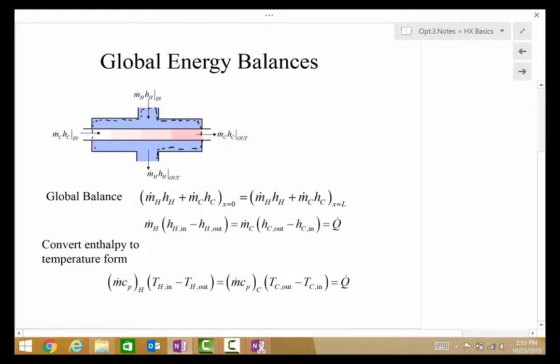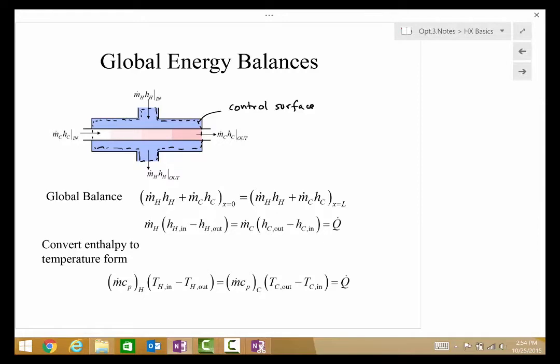So this dashed line represents the control boundary, the control surface around this control volume. And we do an energy balance across it, and we look at the total amount of energy that comes in and the total amount of energy that goes out.